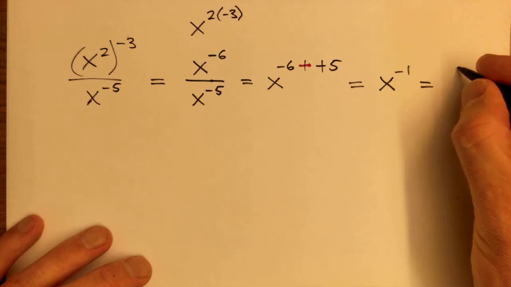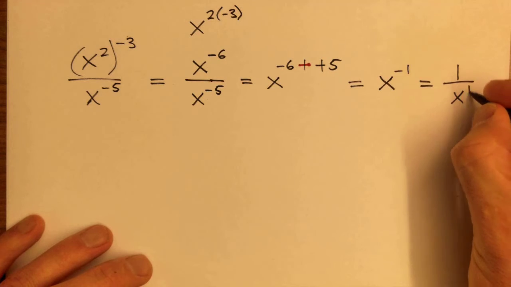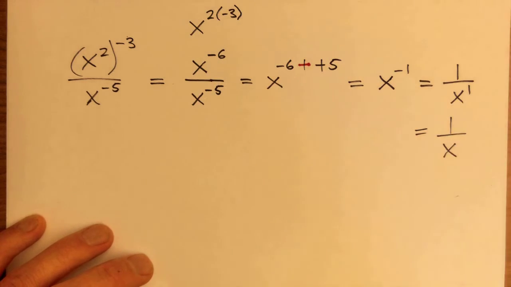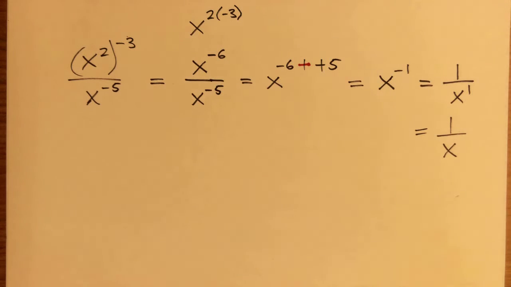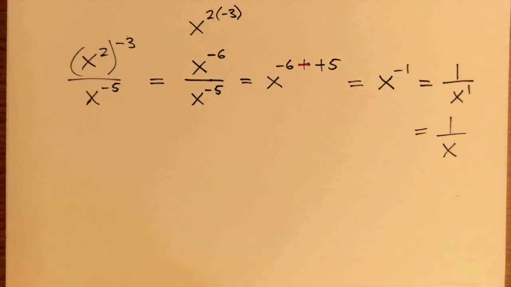So you might remember that's 1 over x to the power of 1, right? Or 1 over x. Same thing. Okay with that? So that is walking through this problem using the properties of exponents.